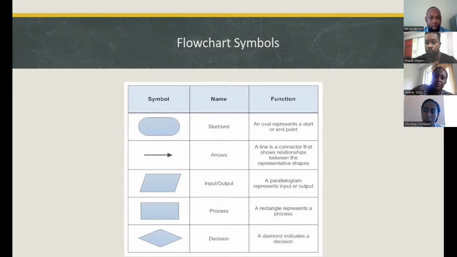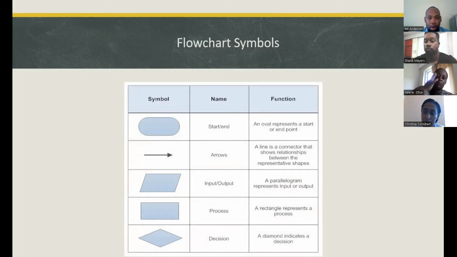Okay. Next, we have arrow lines. Sometimes we call it flow lines. Okay. So it connects the various shapes together, basically representing the flow of sequencing in your flowchart. So those arrows or flow lines must be included in your flowchart.